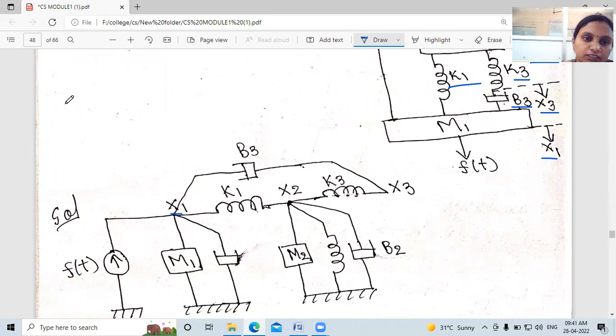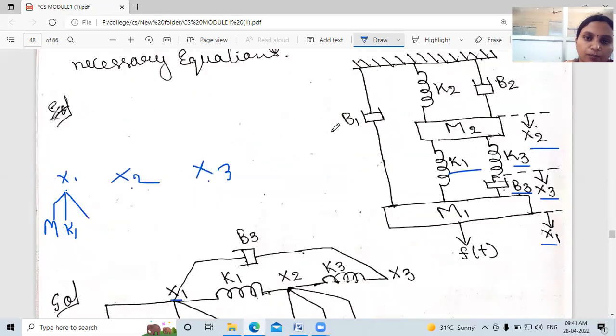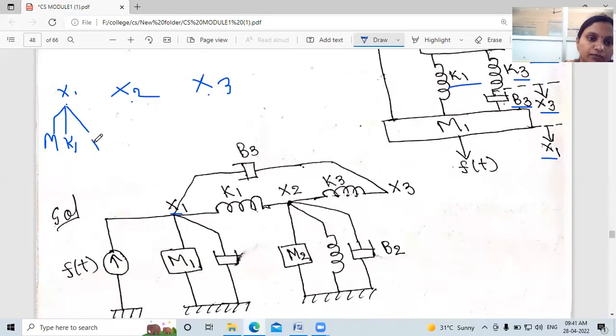First, make three dots: this is x1, this is x2, and this is x3. For x1, how many connections are there? One is the mass, one is K1, one is B1.